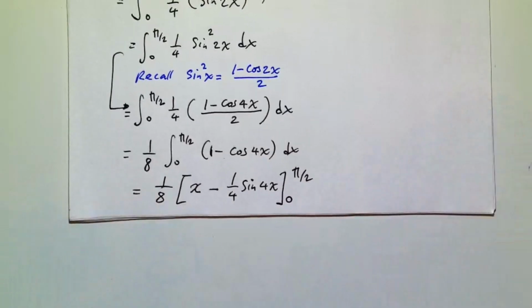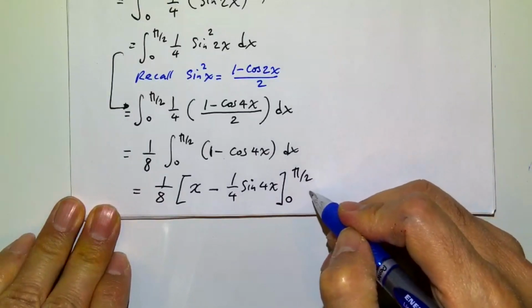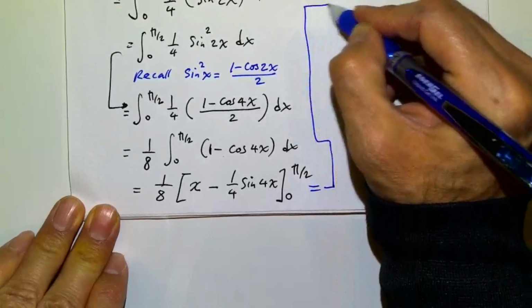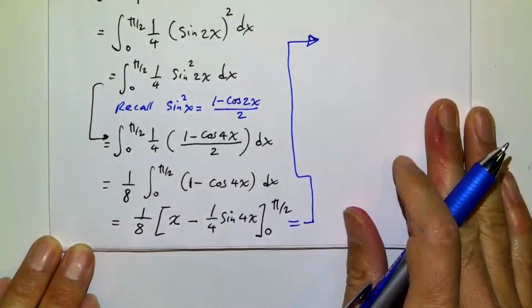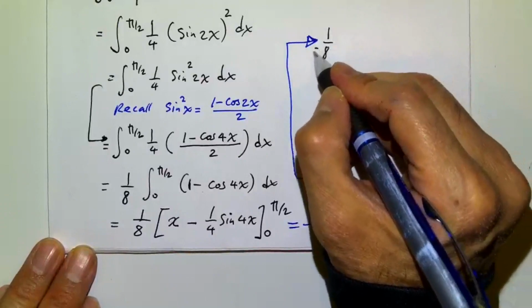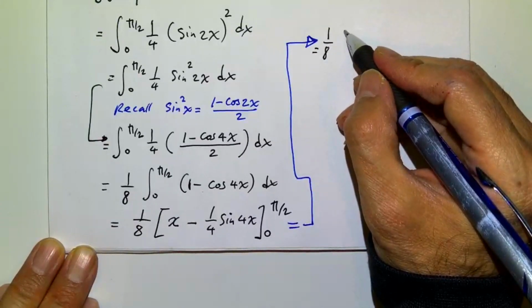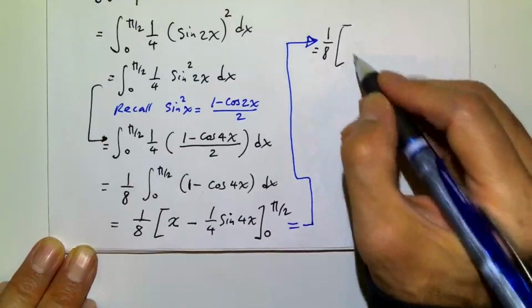Okay. All right, so let me, I'm running out of space here. So this would be equal to, I think I can put the rest of the solution over here. All right, so we get 1 over 8 times, let me just write it out.